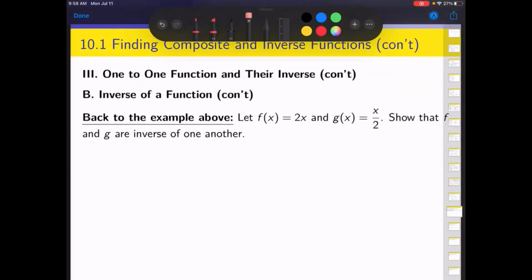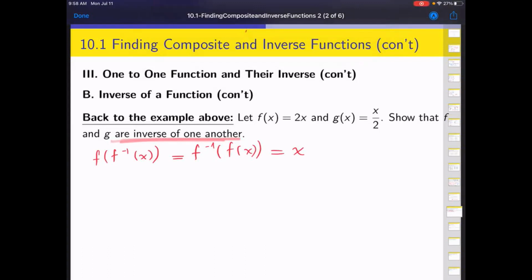So this is what you want to prove, right? What you want to show is that F of F inverse of X is equal to F inverse of F of X, and then your result should be equal to X. So let's do that. First one, F inverse of X. What does that mean?